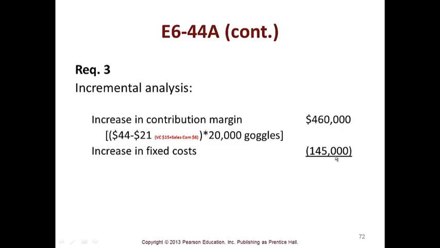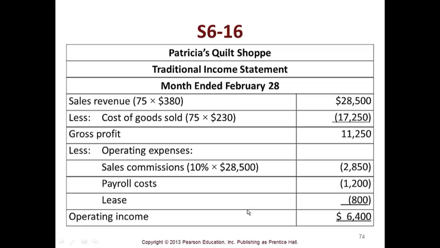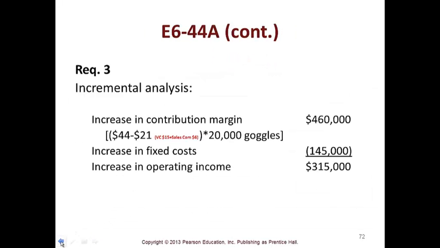And then you have an increase in fixed costs, increase in operating income. So let me go back. So the decision that you would make on this would be, this is the incremental analysis. If you sold 20 more goggles, you would have an increase in operating income of $315,000. So it would be worth it.